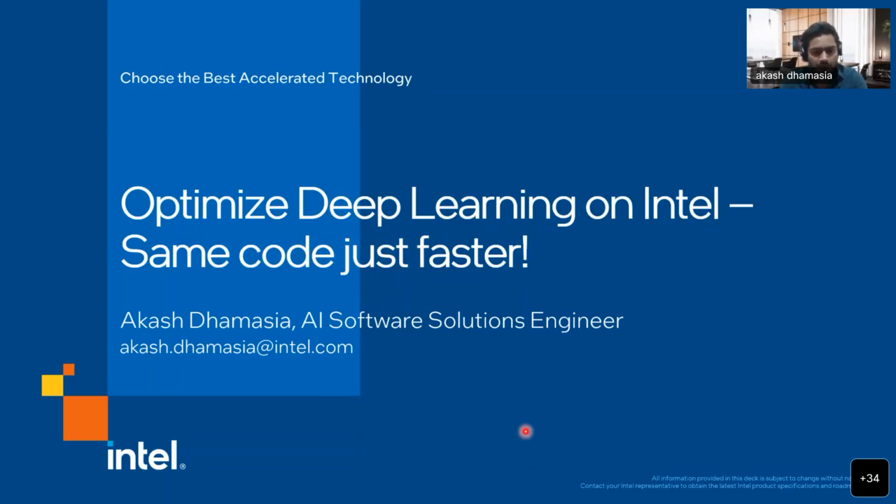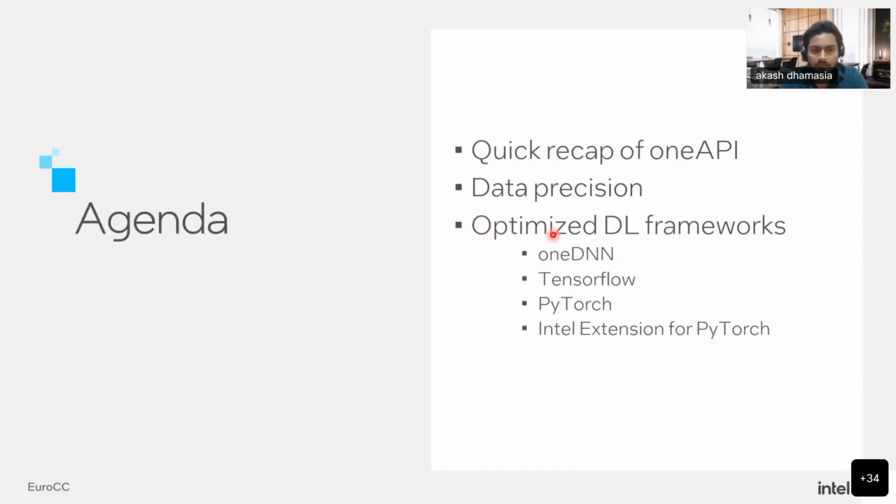So let's go ahead. In today's talk, I'm going to quickly cover oneAPI, the software stack that we offer. My colleagues Saverin and Roy and others may have talked about this, and I will just quickly recap it.